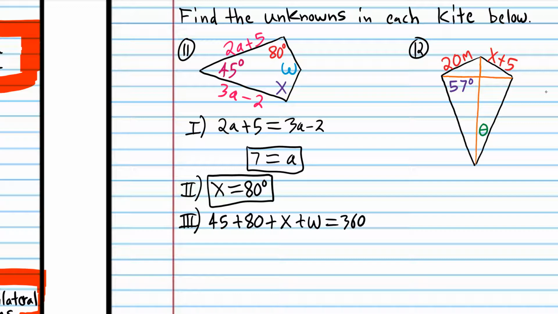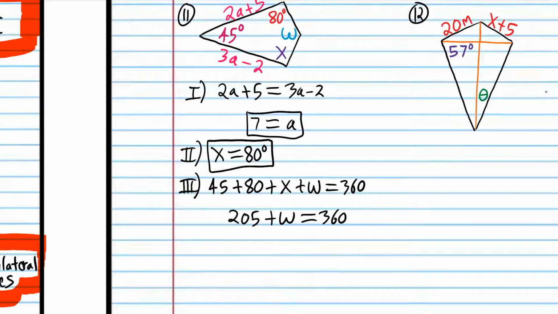So add those up, we get 125. And I'm just going to add x also, so that would be 160, that would be 205 plus omega is equal to 360. And subtract 205 from both sides, and we get 155 degrees. So omega is 155 degrees.